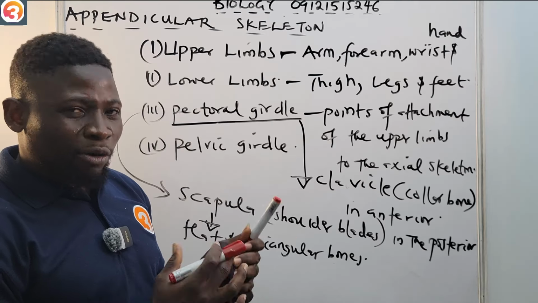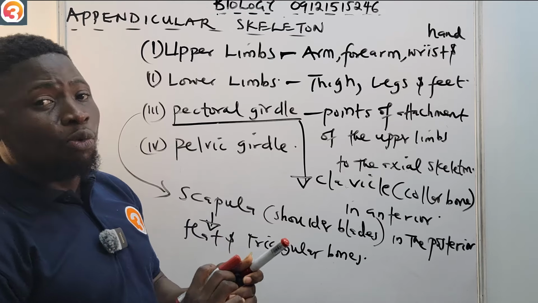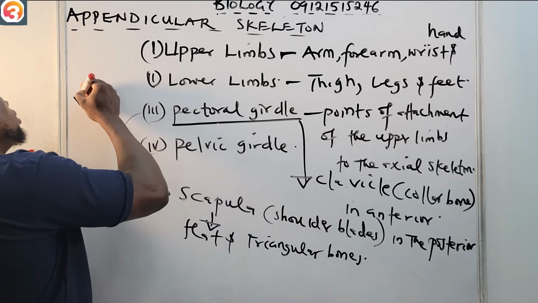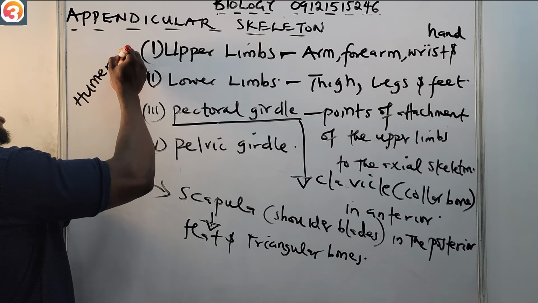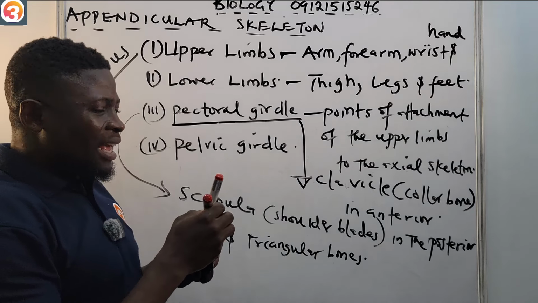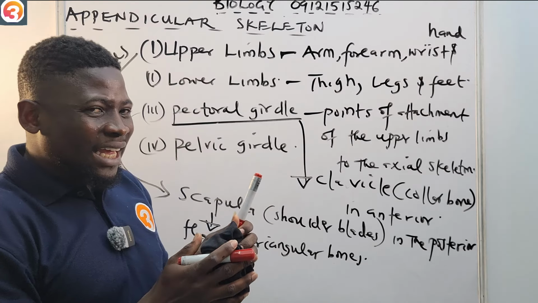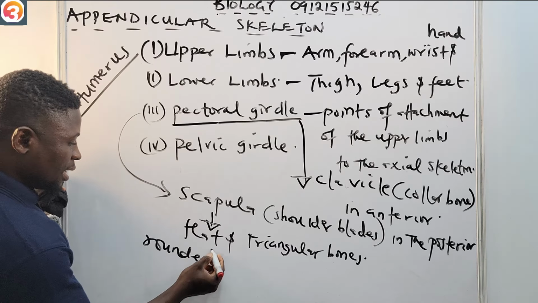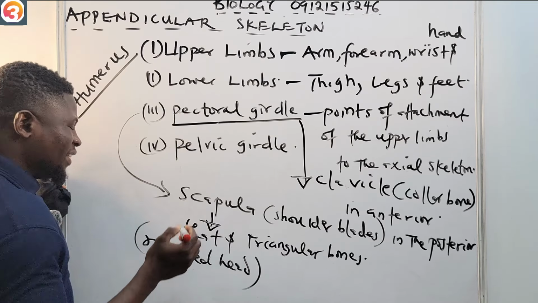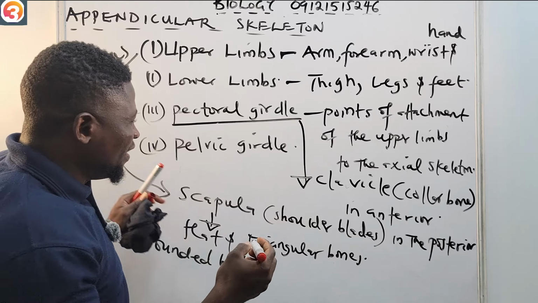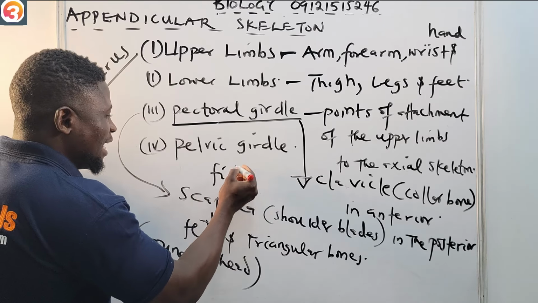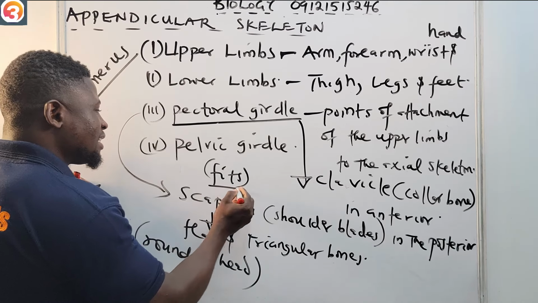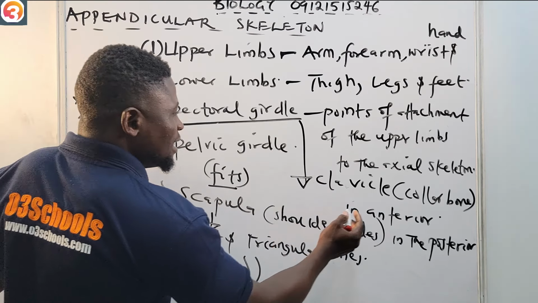And the humerus, which we'll look at, H-U-M-E-R-U-S, the humerus, has a rounded head, which fits into a depression in the scapula.